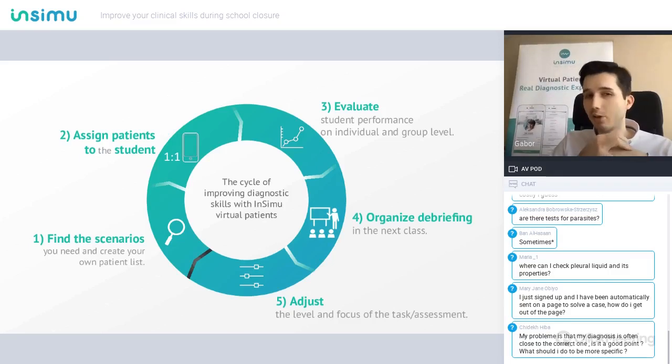So what they usually do is they find the scenarios from the InSimu pool. They assign the cases, and they create small challenges, like the ones you are also used to, and they share them with you. Then they can evaluate your performance at home and organize a debriefing session.